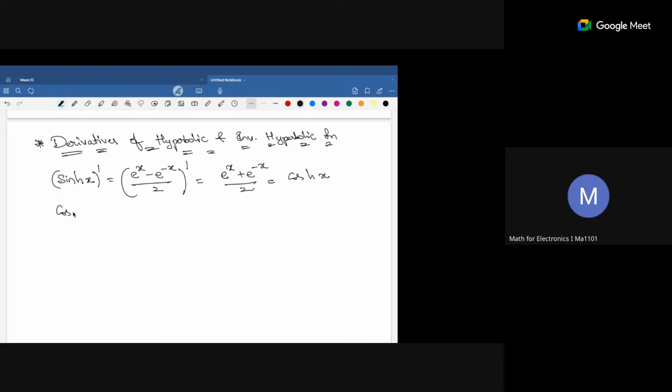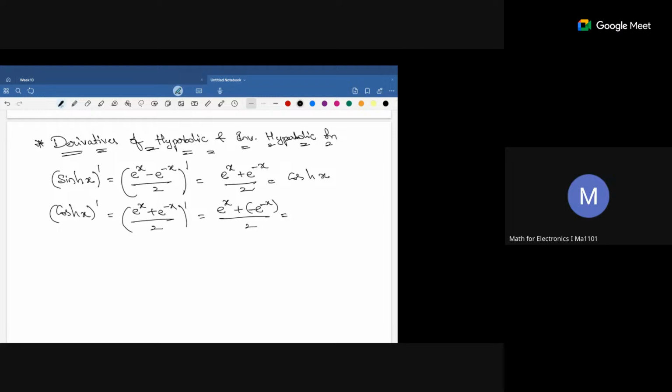Similarly, if I compute the derivative of cos hyperbolic of x, this is the derivative of e power x plus e power minus x divided by 2. If I take the derivative, e power x is e power x, plus e power minus x is minus e power minus x, by 2.